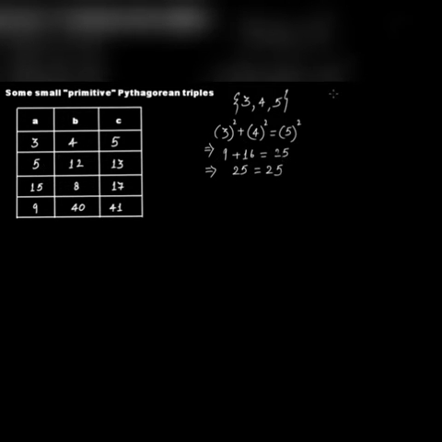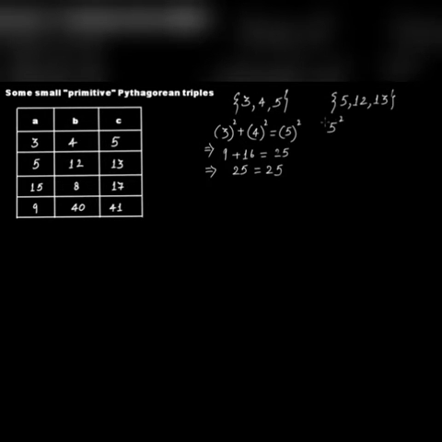Same if you want to check for this one, this is 5, 12, 13. Now 5 squared plus 12 squared should be equal to 13 squared if these are Pythagorean triples.